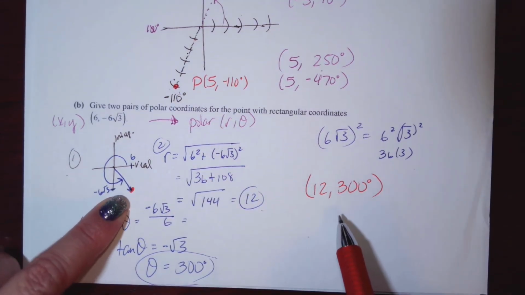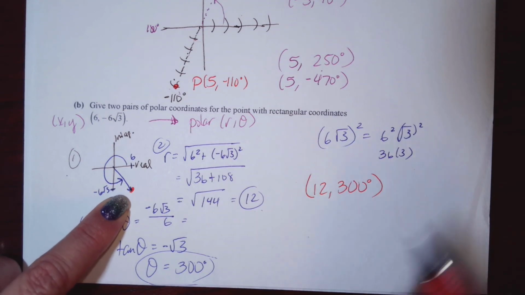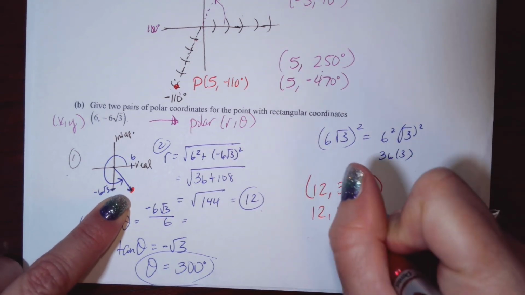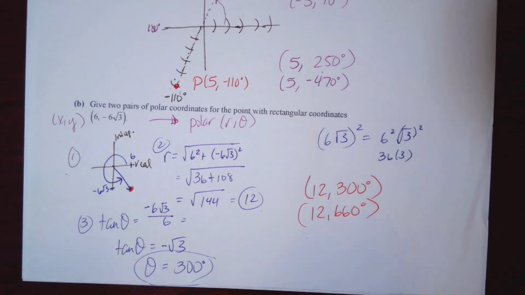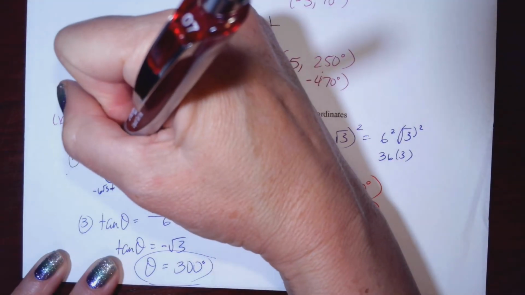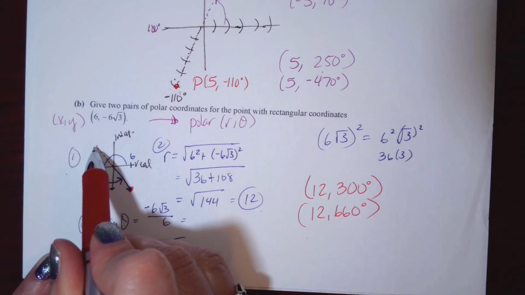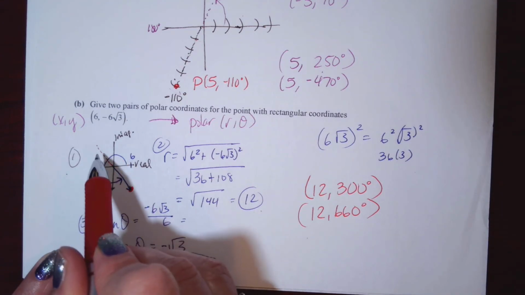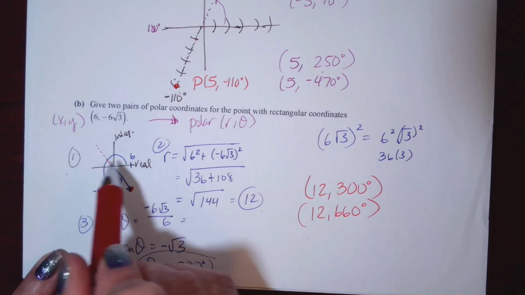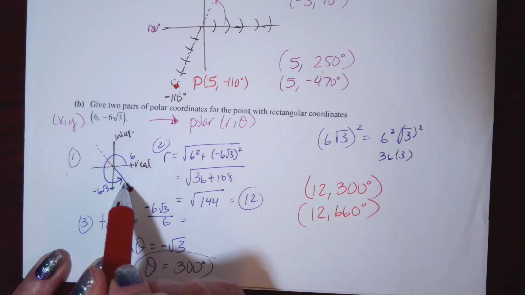What would be another? Well, I could add 360 to that, so I could say 12, 660. I could go backwards this way, which would be 90 plus 60, yeah, 150.